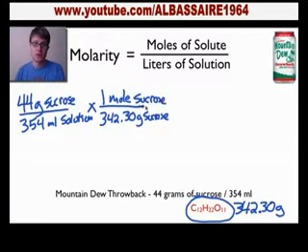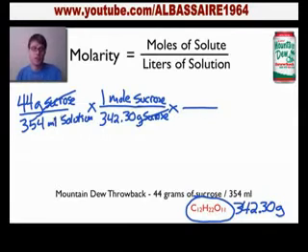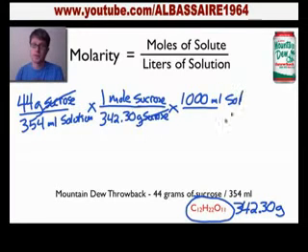So when we're doing this factor label, I can cross off the grams of sucrose, and I've already converted it to moles of sucrose. I'm almost there. You'll notice that I have milliliters of solution here, but I have to get to liters of solution at the top. So I'm going to use a conversion as well. I know that 1,000 milliliters of solution is equal to 1 liter of solution.